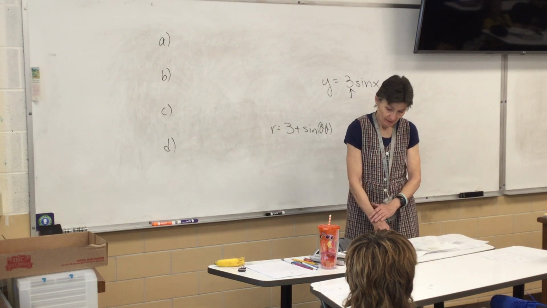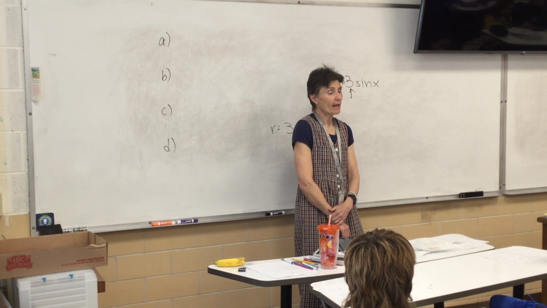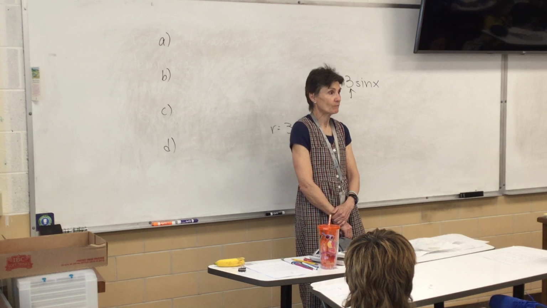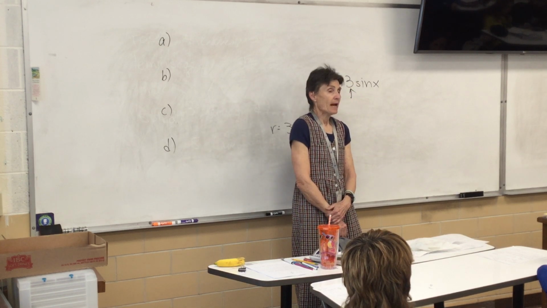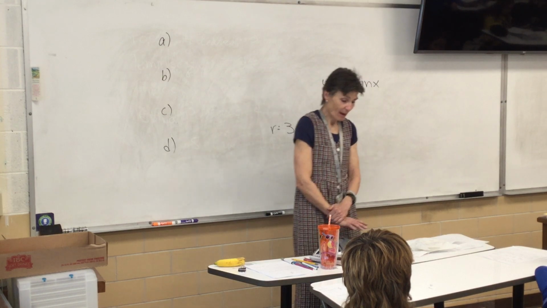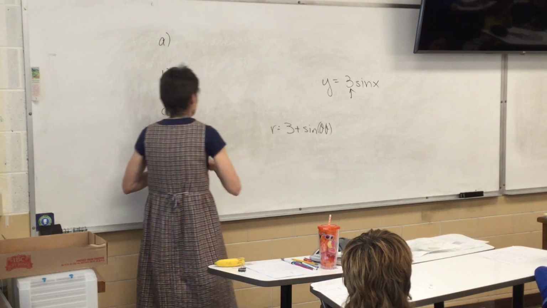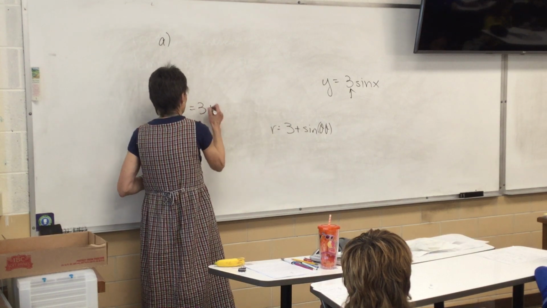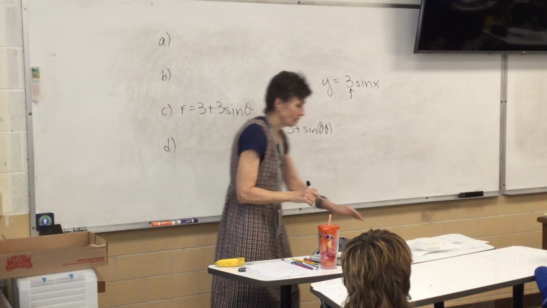The second to last one, did it have a very clear indentation for you? Clearer than the other ones, I mean? Now, let's talk about that one first. r equals 3 plus 3 sine theta is a special limacon.